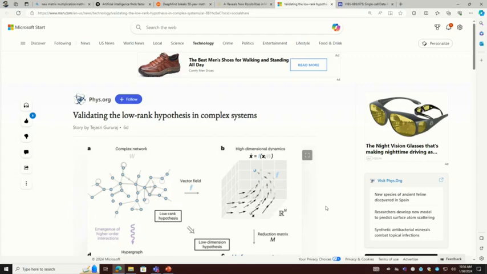So something phenomenal looks complex, but the number of components is limited, so you can reconstruct this very complicated world with a limited number of components. This is called the low rank hypothesis.